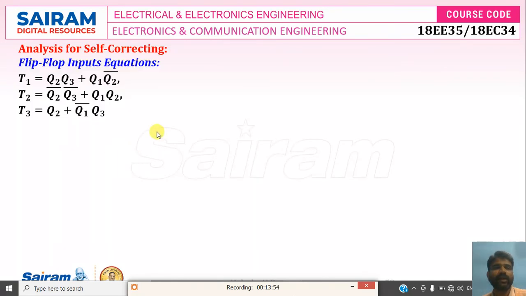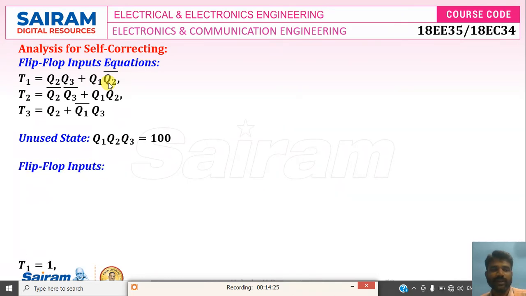Next we'll do the analysis for self-correcting counters. Same procedure that we followed for D1 using the D flip-flop. So these are the expressions. For these expressions, consider the unused state 100, substitute these values here, and obtain the values of the T inputs. First expression gives 0 because Q2 Q3 is 0, and the second expression gives 1, because Q1 is 1 and Q2 is 0, so Q2 bar is 1.